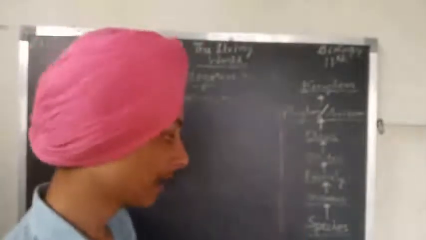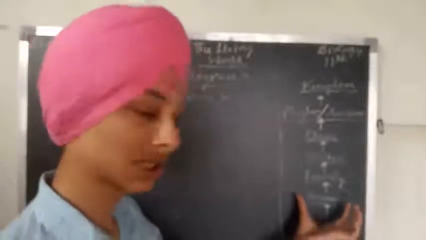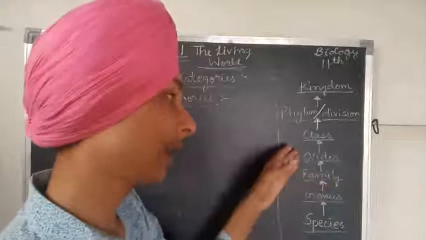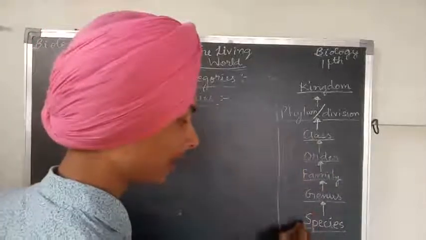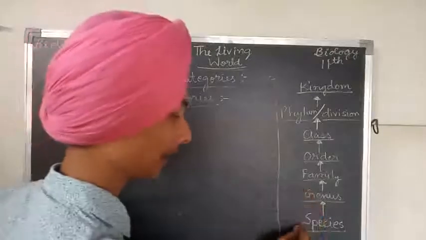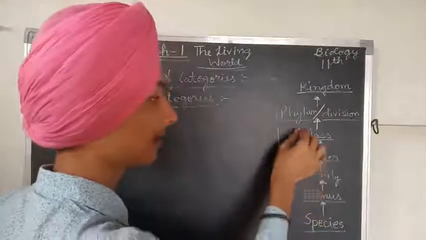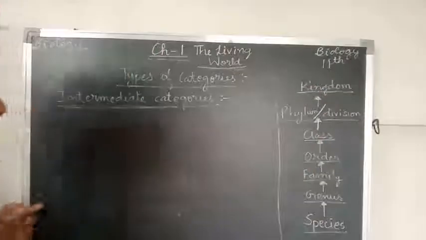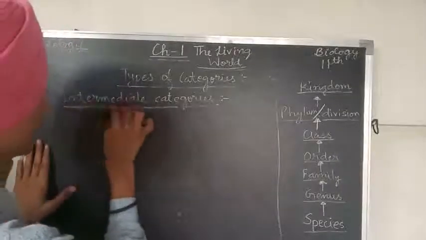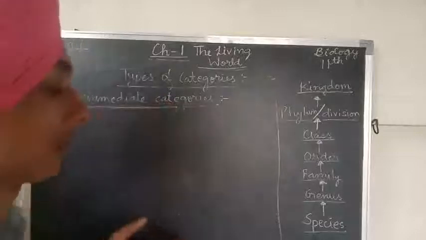There are certain categories which come between 2 obligate categories, for example between species and genus, or between family and order, and so on.